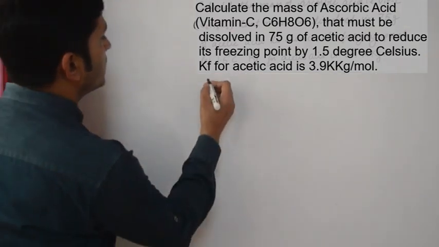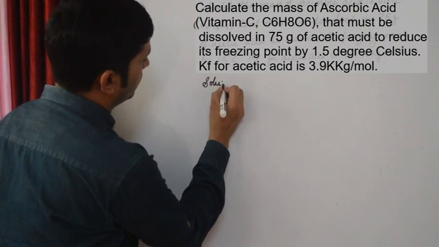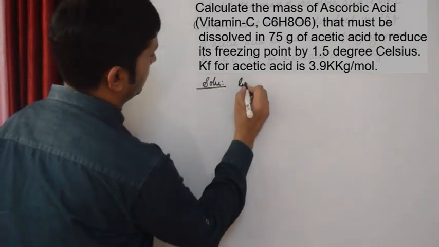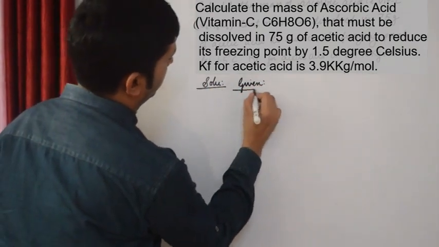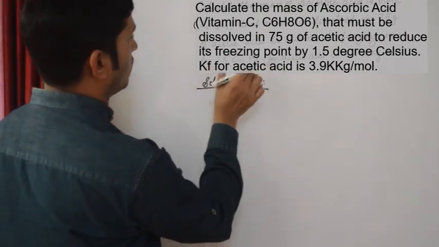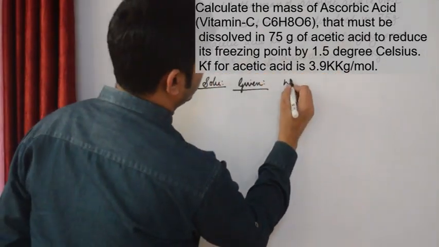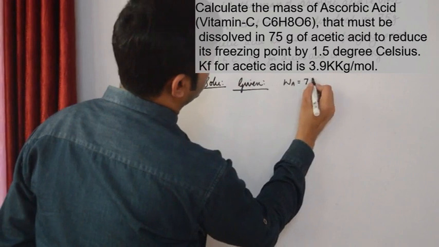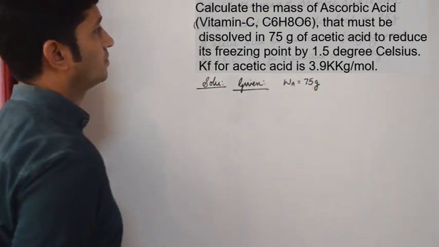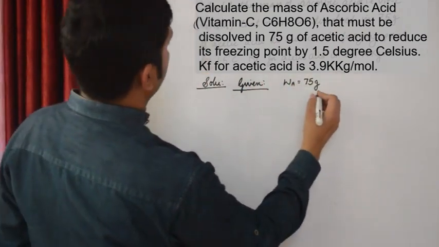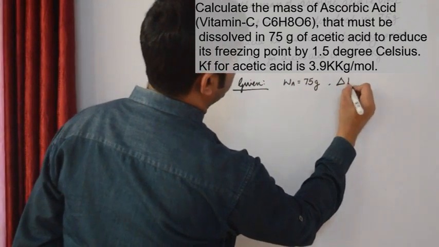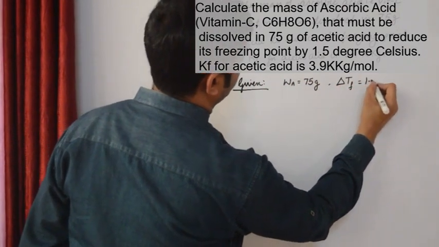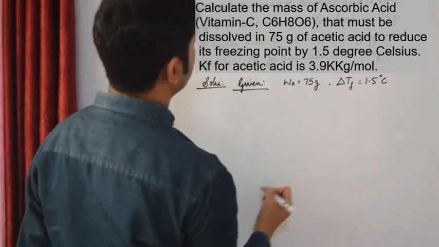So we can start the solution with the given quantities. Here mass of solvent, that is acetic acid, Wa is equal to 75 gram. Depression in freezing point delta Tf is given as 1.5 degrees Celsius.